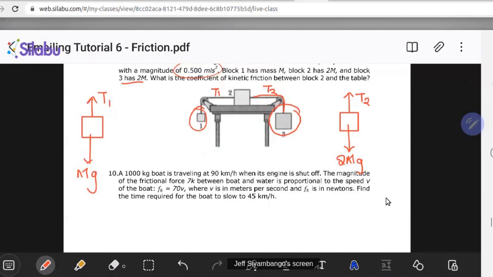The only thing left here is block 2. What is happening to block 2? Let me put block 2 here. Block 2 is on the table. It will first experience tension T2, pulling it to the right. Again, tension is always away from the object, so to the right. It will experience T1, pulling it to the left.